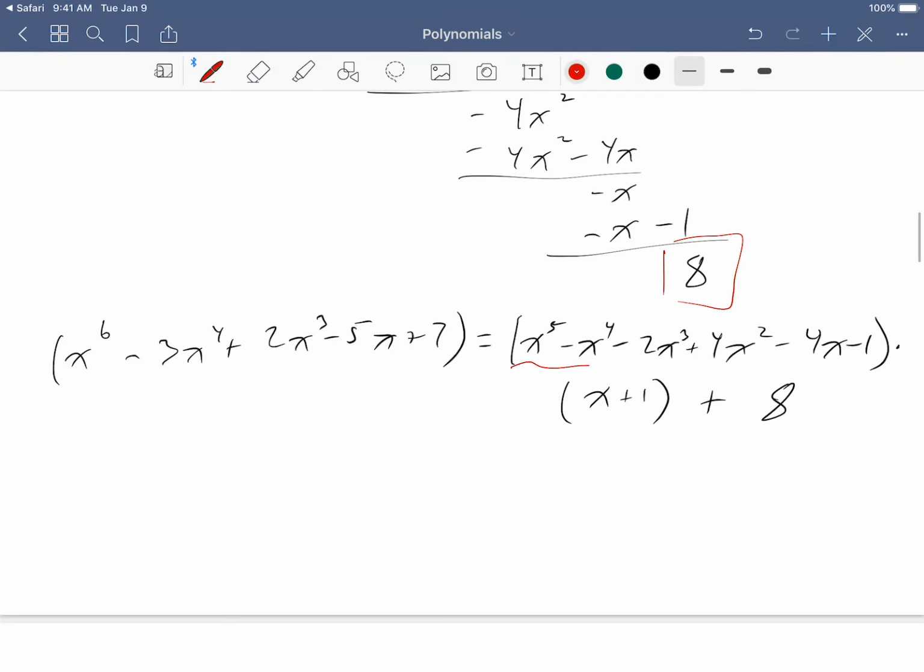And so this whole thing underlined in red here, that's my q of x, that's my quotient. And this 8 right here, that's my r of x, that's my remainder.